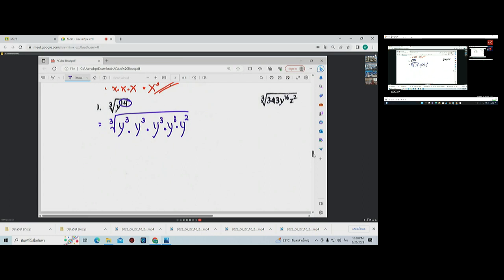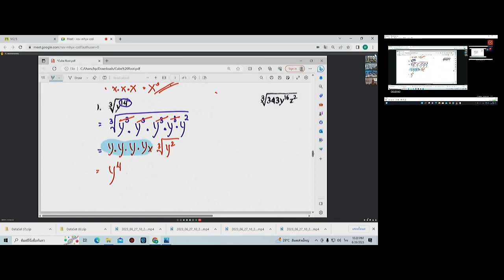So we try to extend with cube, and those who do not have cube, we write as it is. Now, how many you can take out? 1, 2, 3, 4. Right? That means y times y times y times y comes out, but y square inside. Yes? So y power 4. This is y power 4, isn't it?